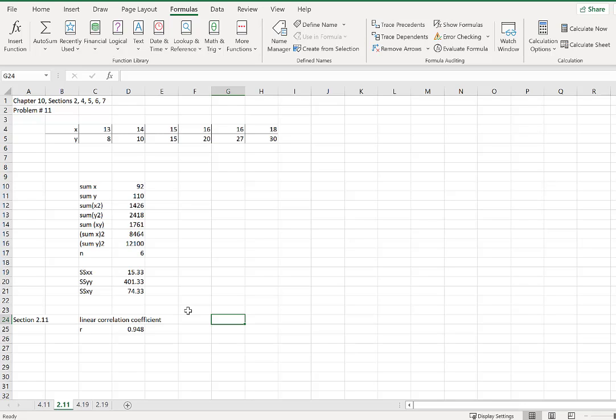What the linear correlation coefficient tells us is how related these two are. Since it's 0.948, that's close to 1. 1 is the max, so 1 means they're extremely correlated. So yes, these are quite correlated. It's near 1. So the number of words known increases with the independent variable of age, and they're highly correlated. So there was number 11.